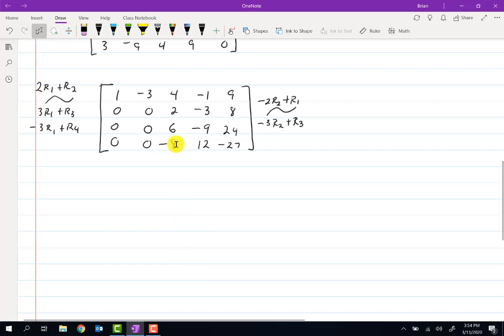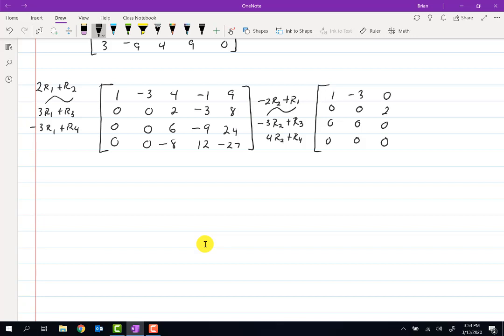And then finally I'll do 4R2 plus R4, which will wipe out that entry. Let's see what we get for our new matrix. Now the first 2 columns will be unaffected by all this. And for the next one, I have designed this so I clear out everything except the 2.